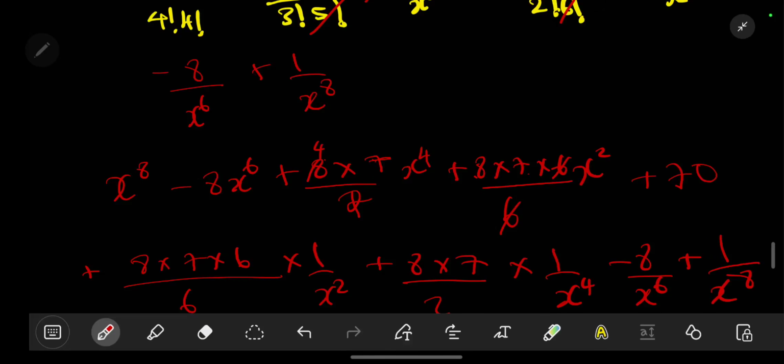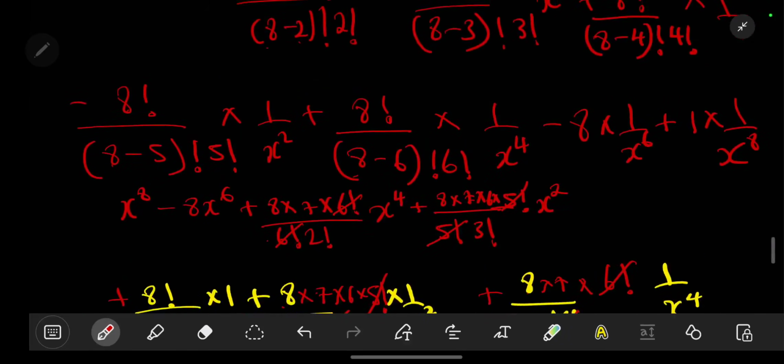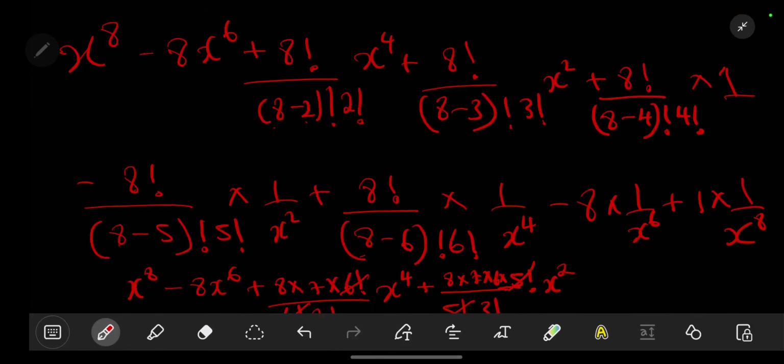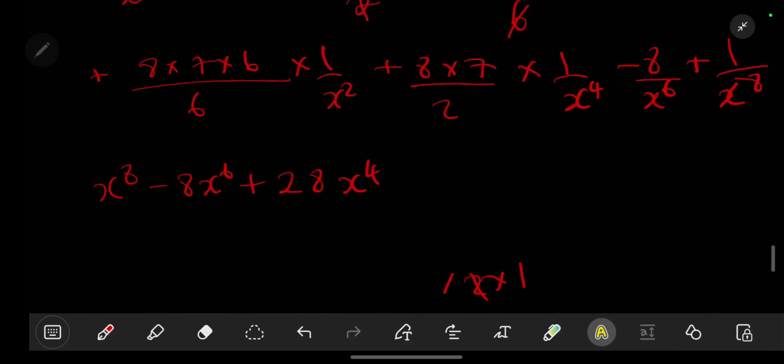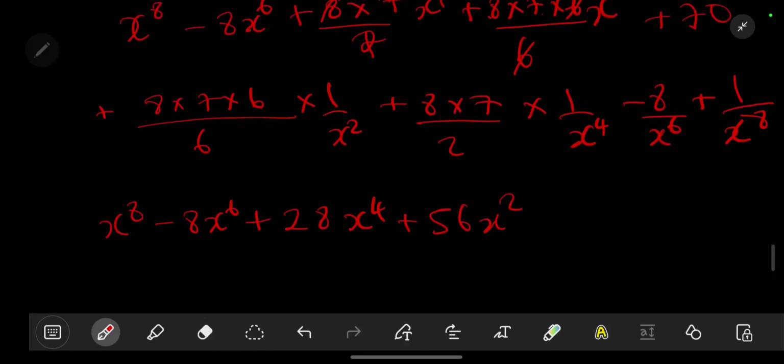Is it supposed to be positive or negative? Let's see. It is this one that was given to us. Looks okay, but you can verify just in case there's a mistake. So we have 56x squared.